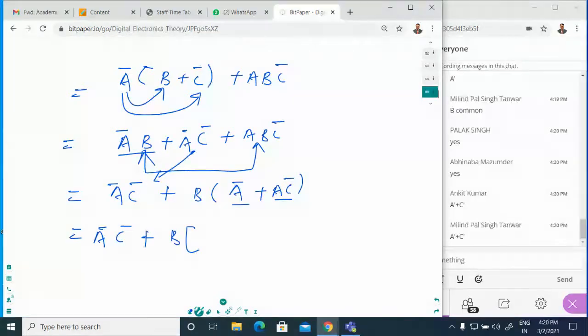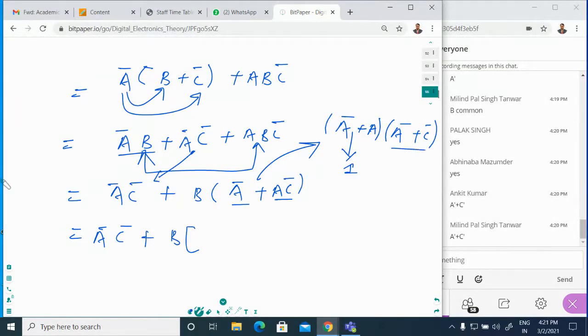Or how can you represent this A bar plus AC bar? You can also represent it as A bar plus A, or you can also represent it as A bar plus C bar. So this is also the one, and you can represent it as A bar plus C bar.